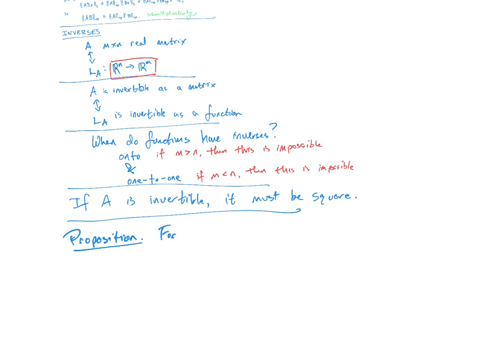For an n by n real matrix A, the following are equivalent. Meaning that if one of them holds, then they all hold.